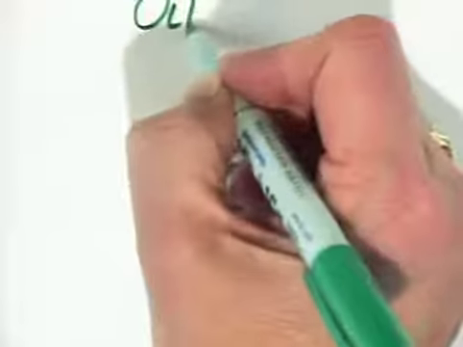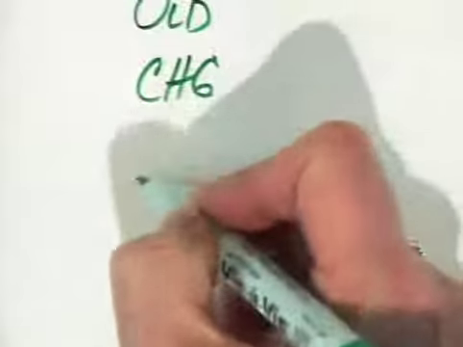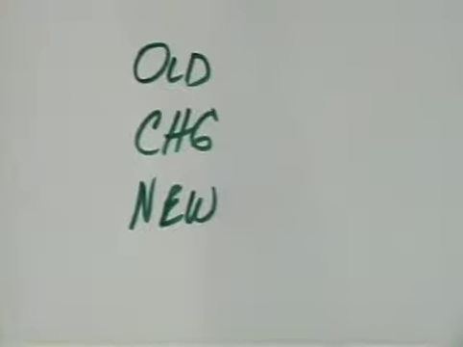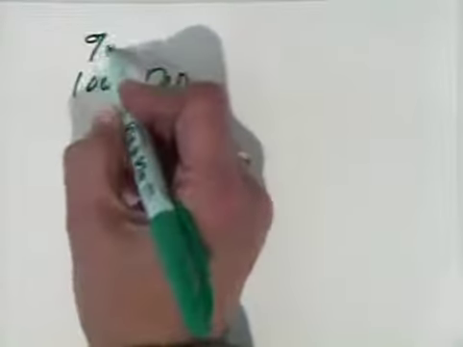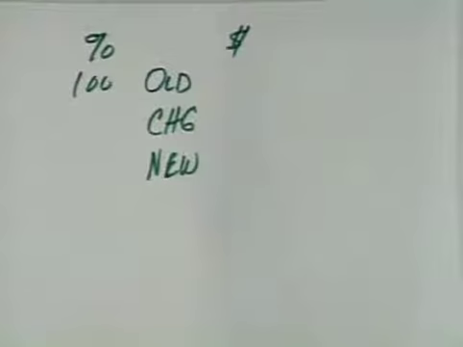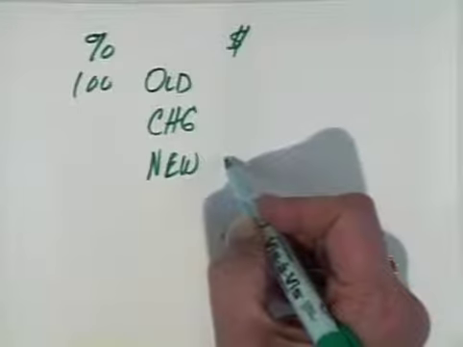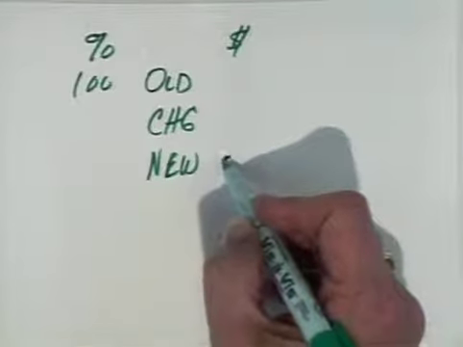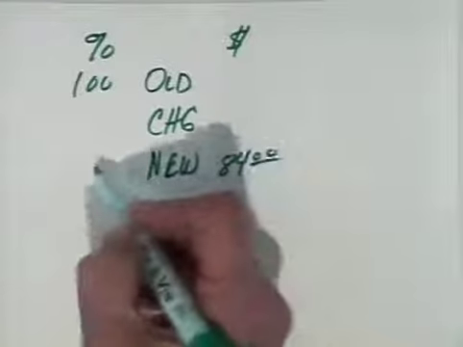We're going to set that up on an old change new table. We know that old percent is always 100. We know that new amount is $84.